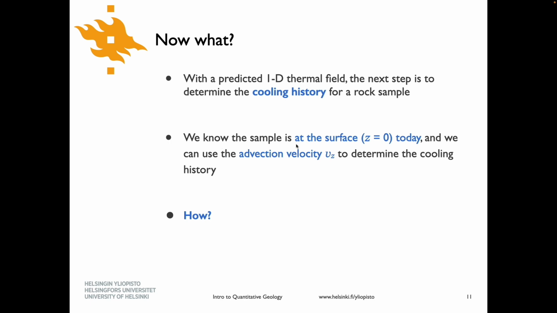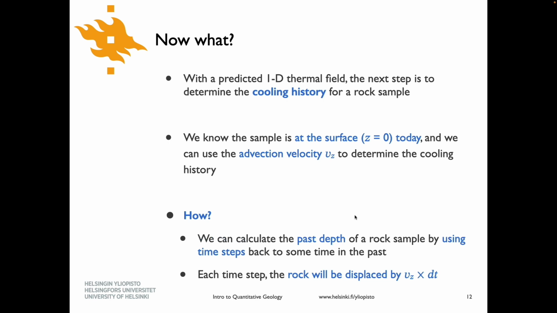We can assume that we've collected the rock sample we're going to be dating at 0 Ma at the surface today. And our way to get a cooling history is that we can take our advection velocity, and if we assume that erosion balances the rate at which rock is moving up to the surface, we can use a little trick here.